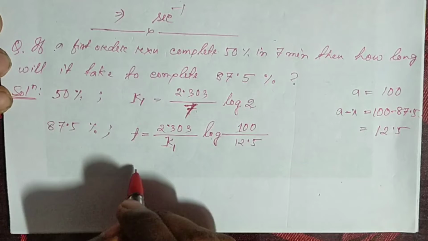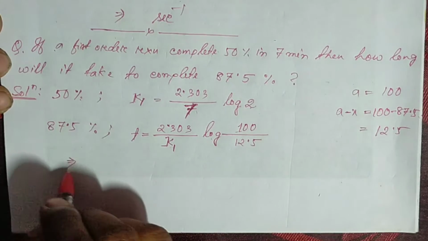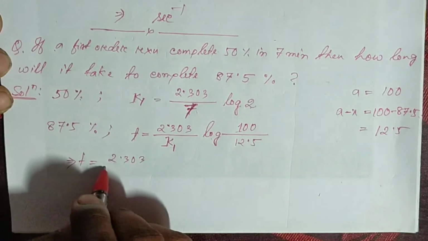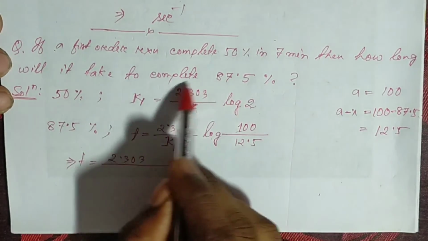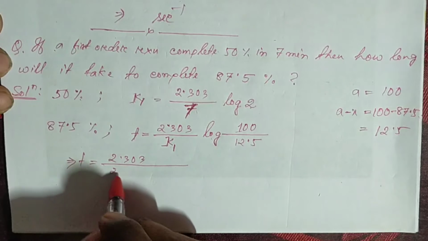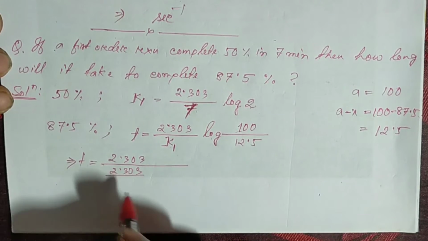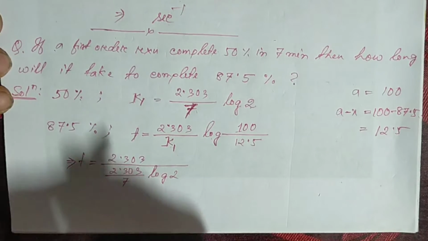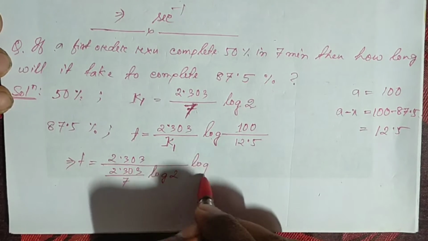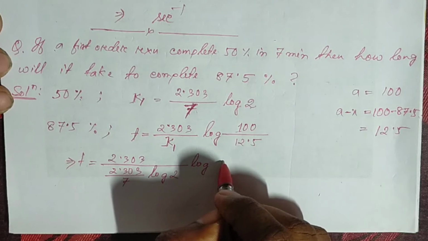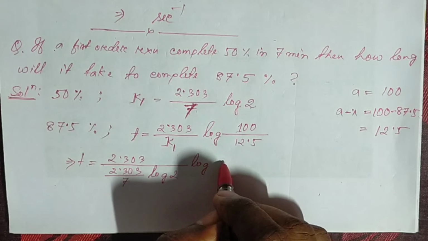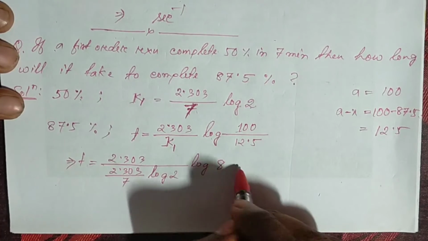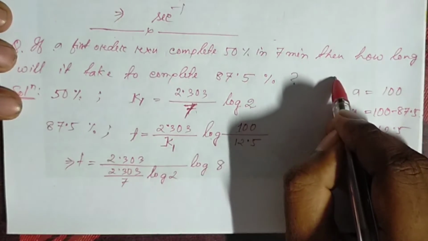So we can write t is equal to 2.303 divided by 2.303 by 7 log 2, times log 8.